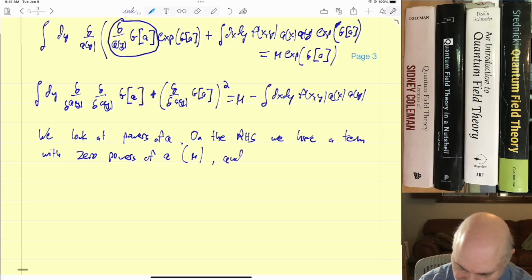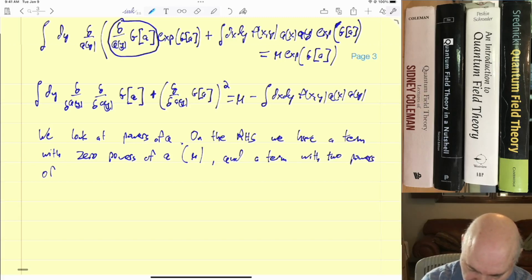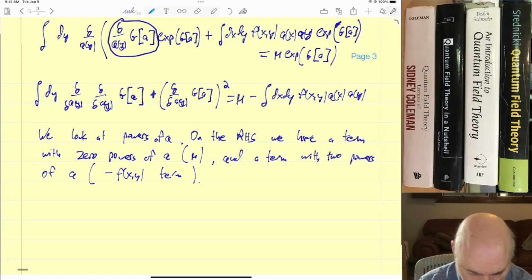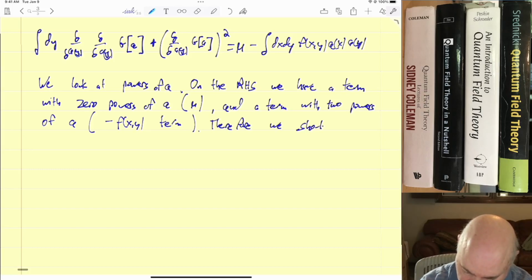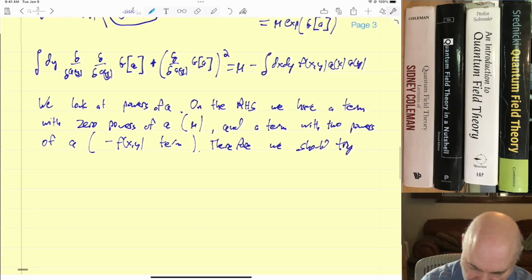And a term with 2 powers of a. That's the minus f(x,y) term. So this tells us that we should try a quadratic functional.